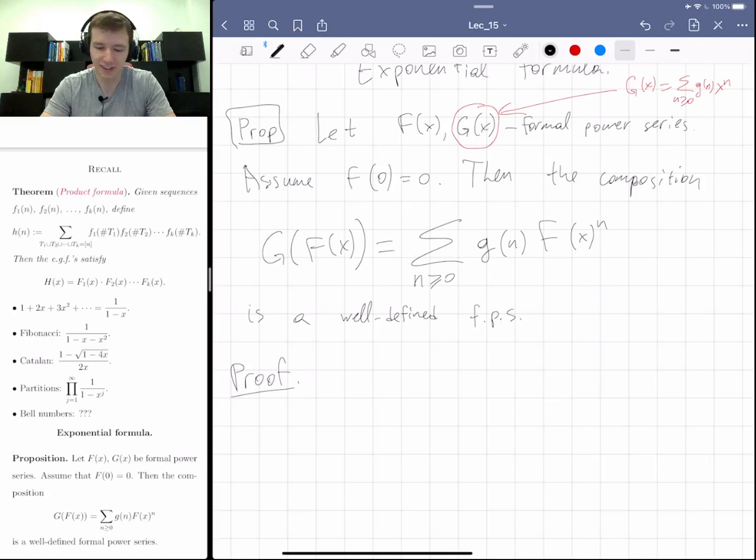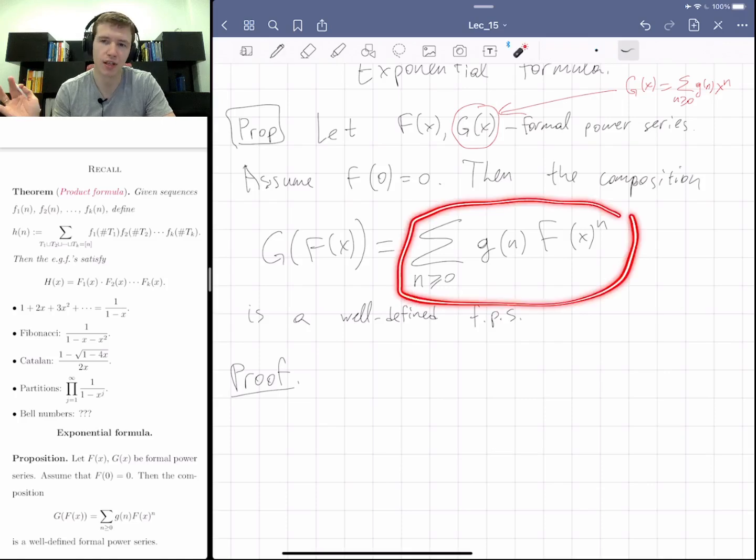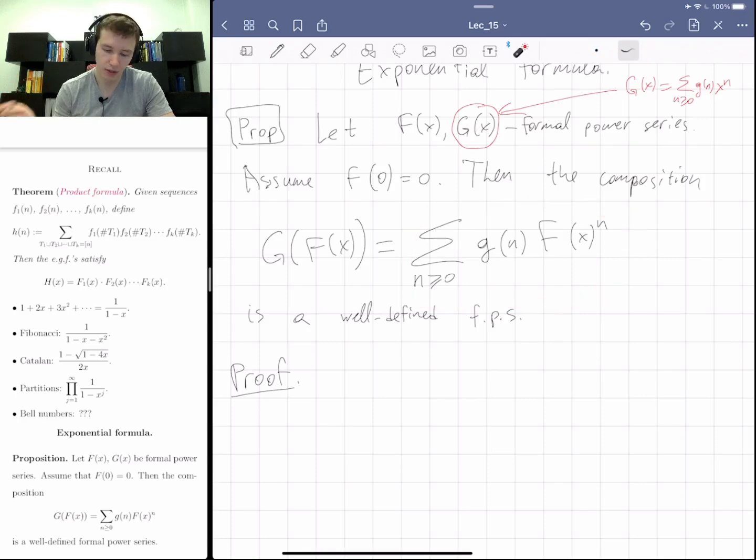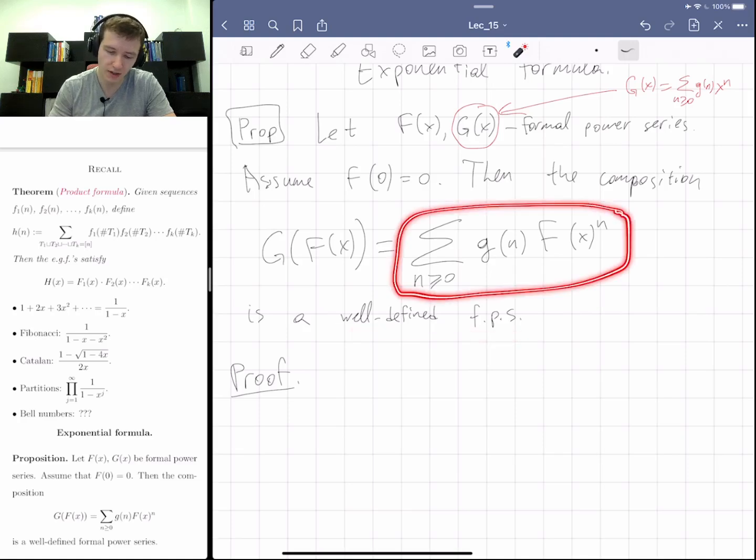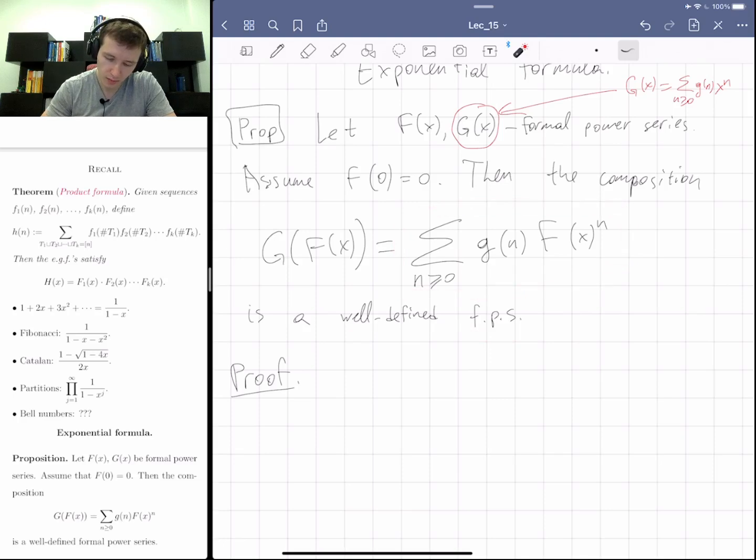Right, yeah, that's correct. Thank you. So indeed, we had a criterion, right? If you give me an infinite sum, I have a very easy way to tell whether it gives you a well-defined power series or not. The claim is that this infinite sum of g_n f of x to the n stabilizes.